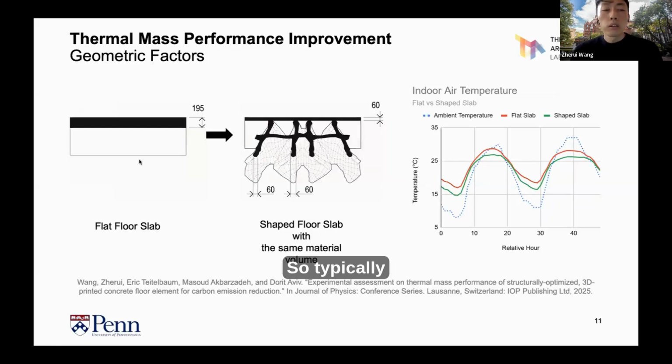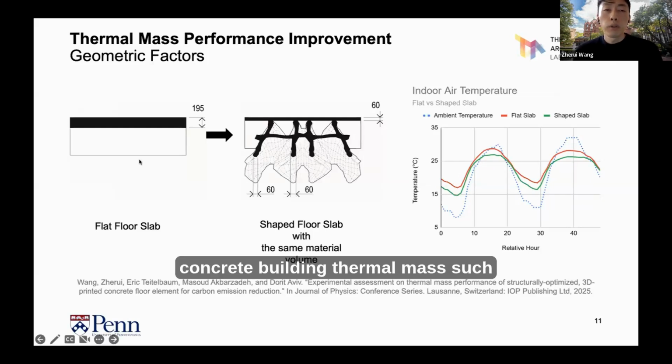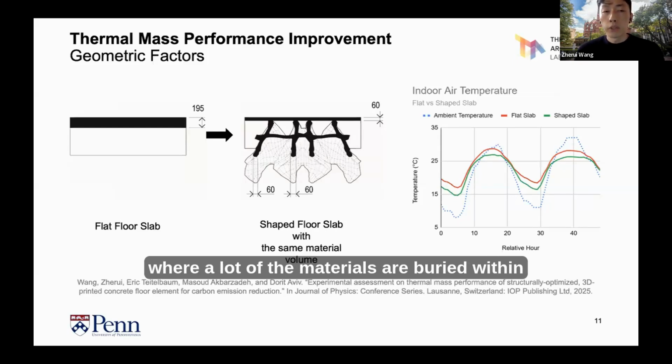Typically, concrete building thermal mass, such as building floors, is made in compact rectangular sections where a lot of the material is buried within the cross-section and not exposed to the air.